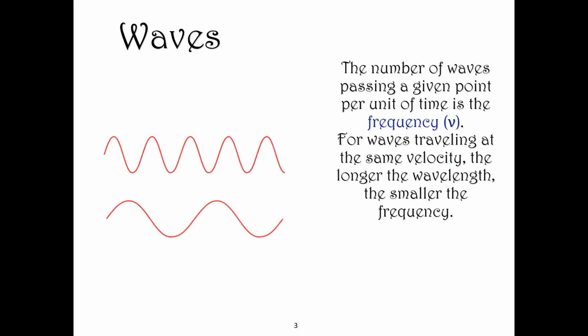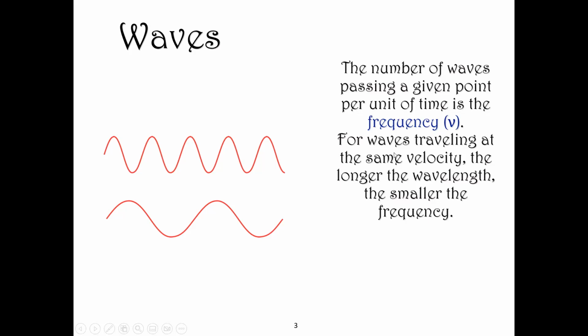And then depending on the wavelength, that's going to affect what's known as the frequency. So if we look at these two waves here, the top one has a much shorter wavelength because if we go from peak to peak, there's a much smaller distance than with the one at the bottom. So we've essentially got about 3 wavelengths on the top for every 1 wavelength on the bottom.